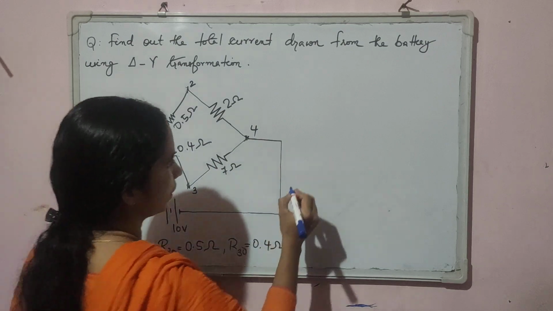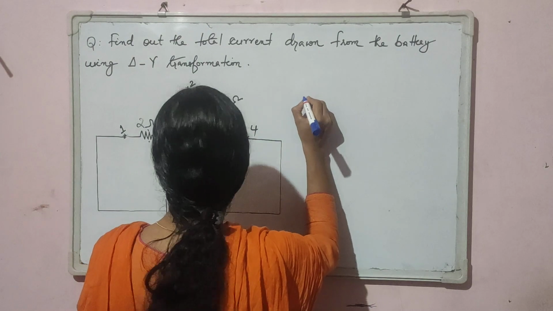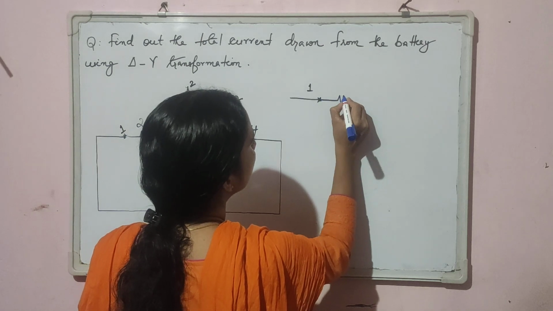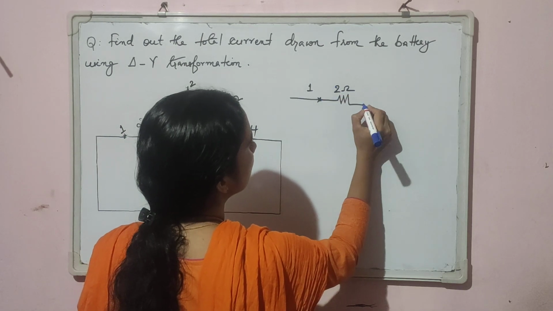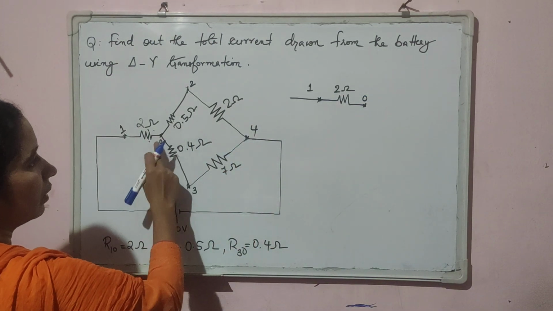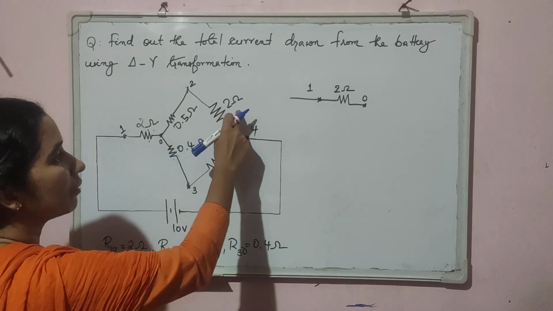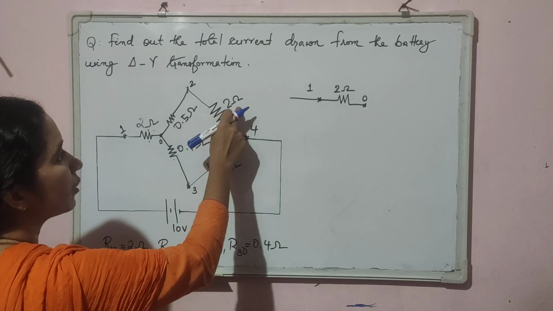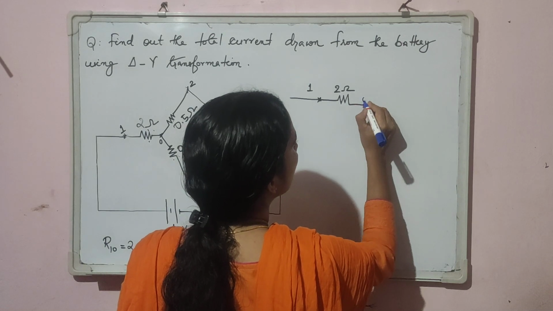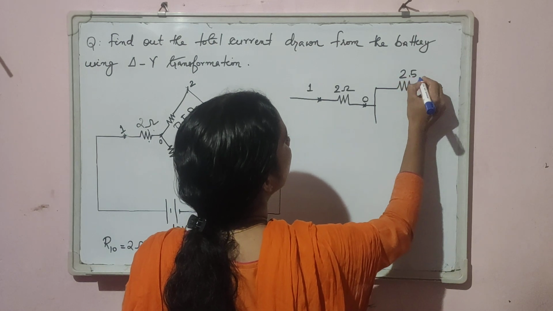Okay, let me draw it. I am going to draw the resistance part only. There is terminal 1 here, and between terminal 1 and 0 we have a 2 ohm resistor. This 2 ohm is in series with 0.5 ohm, so we'll get the equivalent resistance as 2 plus 0.5, that is 2.5 ohm here.